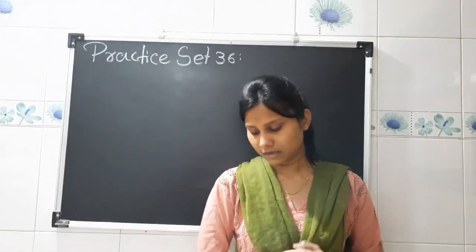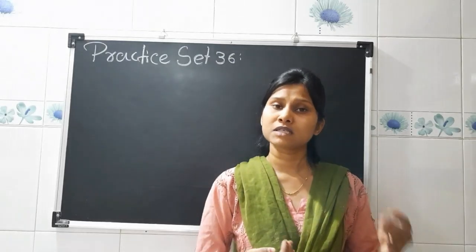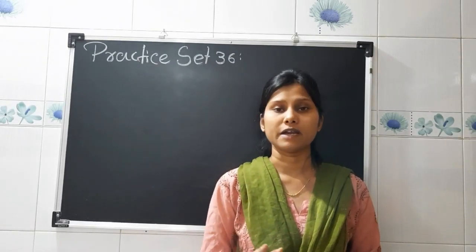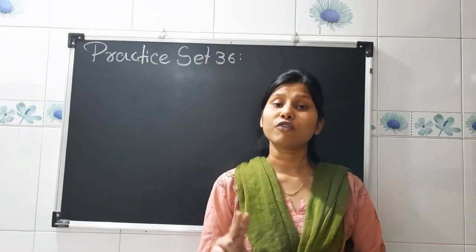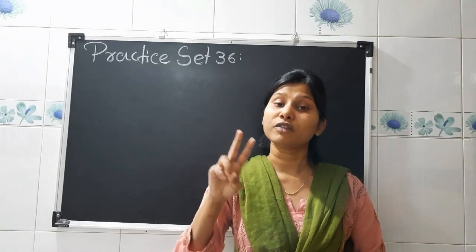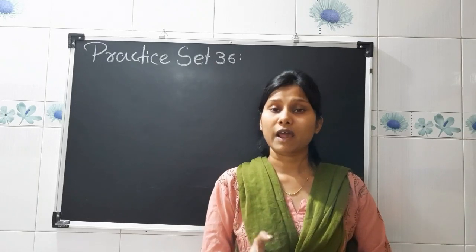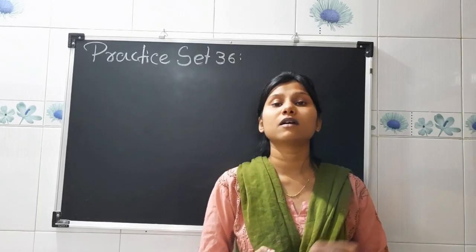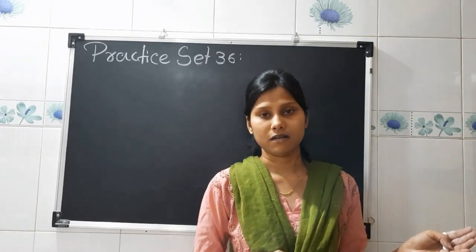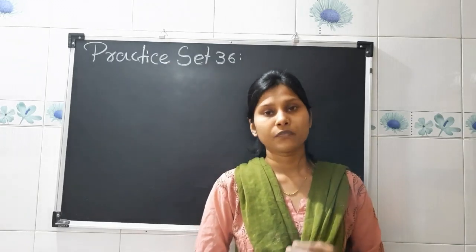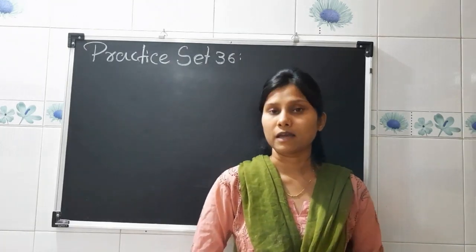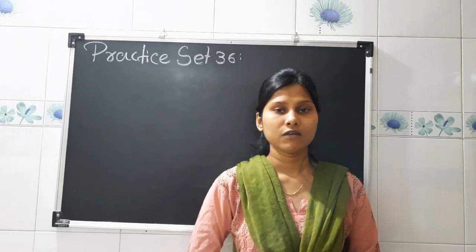The next property is that the sum of the lengths of any two sides of the triangle should be greater than the length of the third side. Then only we can draw the triangle, otherwise we cannot draw the triangle.